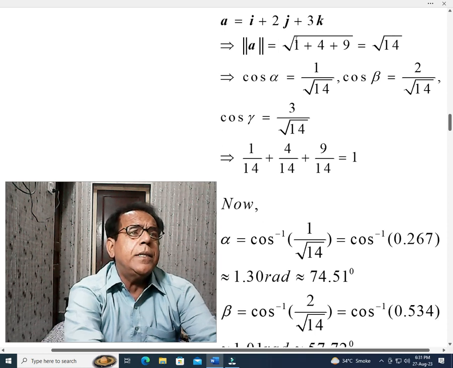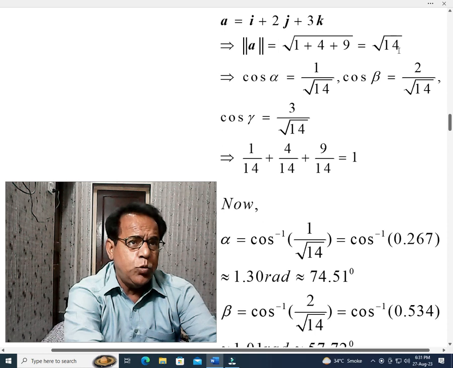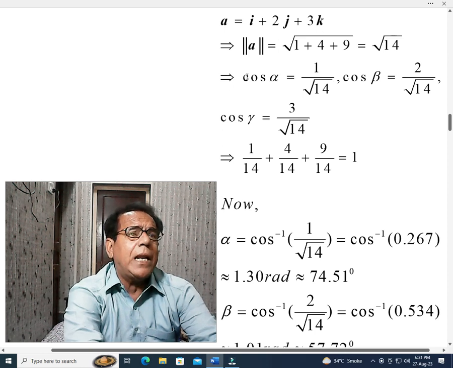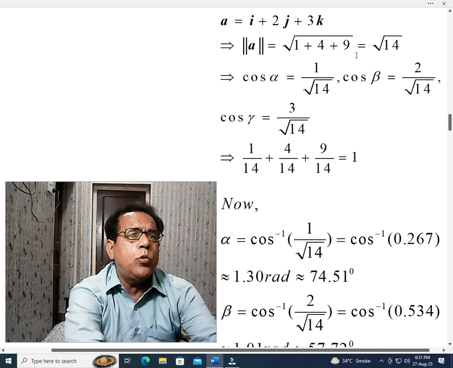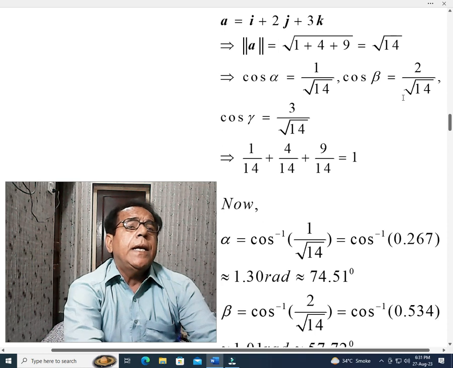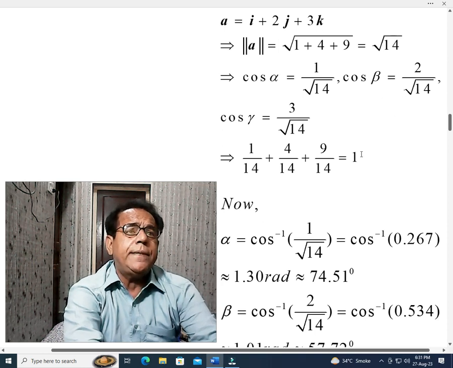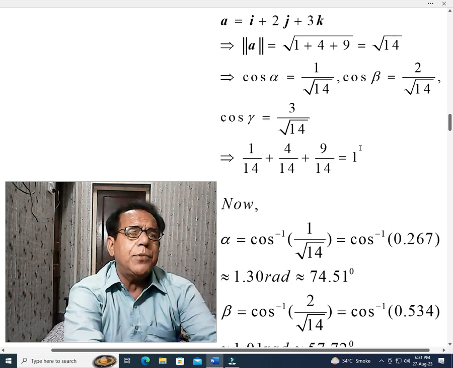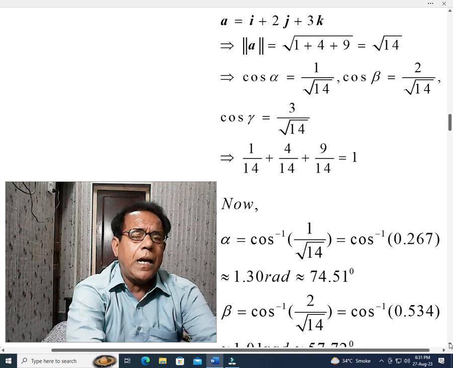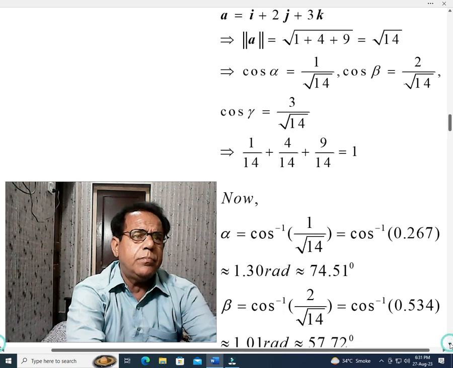So the magnitude of vector a will become equal to root 14, and hence cos alpha equal to a1 over magnitude, cos beta equal to a2, that is 2 over root 14, and so on. When we add the squares of these three, it becomes equal to 1, hence our approach is acceptable.